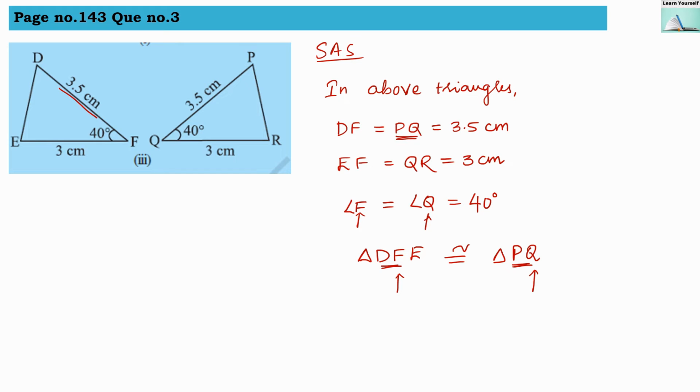So our name is correct. And which alphabet is remaining now? R is remaining, so we are going to write R here. So this is our correct name for the congruency, that DEF is congruent to PQR. Now we can write that as per the SAS criteria, these both triangles are congruent.